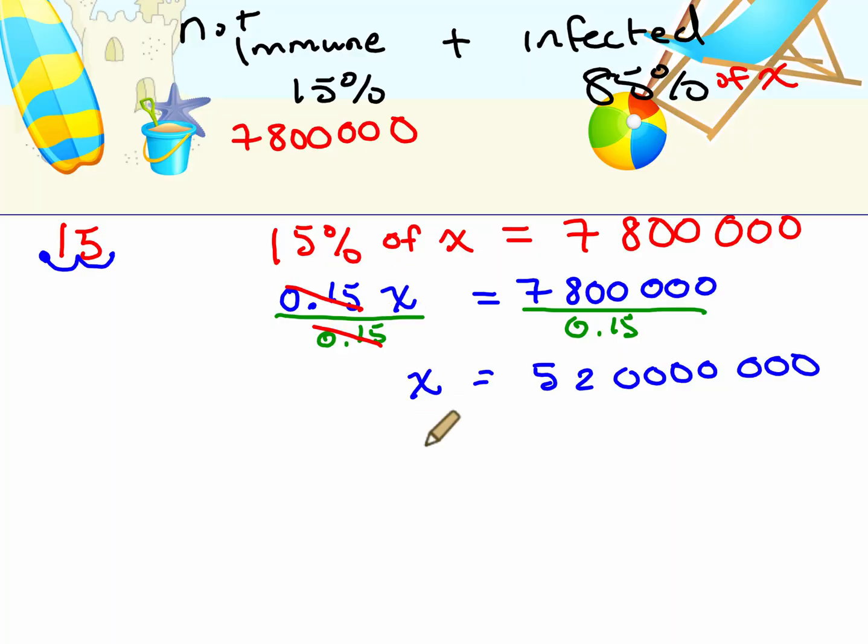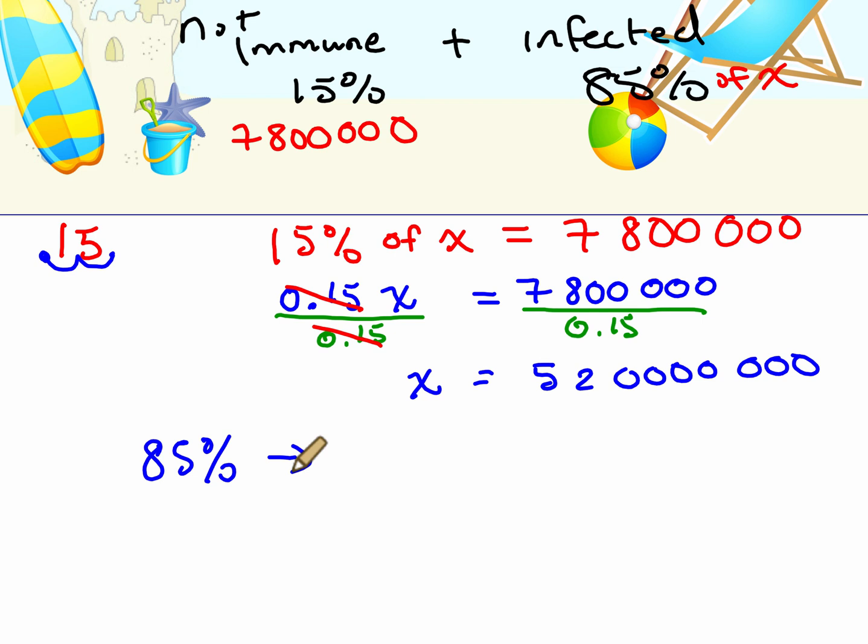So we have to figure out what that 85% is, and we need to go one step farther. We already know what 15% is, 7,800,000.